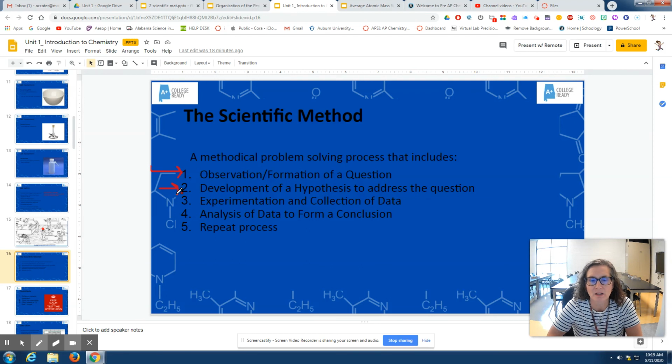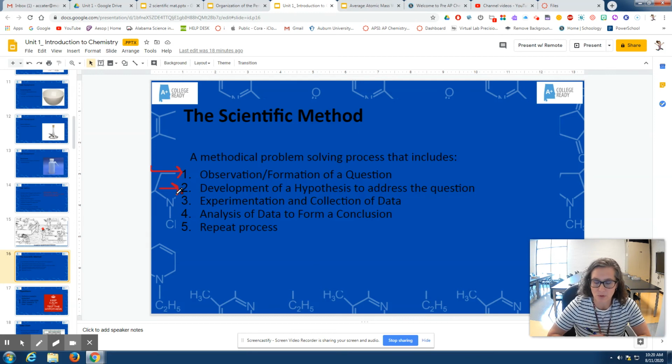A hypothesis addresses the question that we came up with. It's what we think might be the answer to that question. It doesn't necessarily have to be the answer, but it gets us going in a particular direction. It gives us a starting point, I guess.